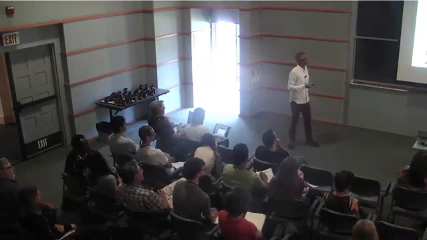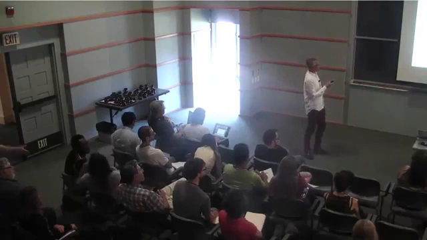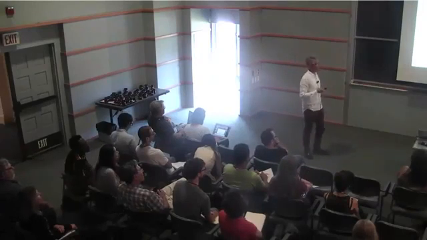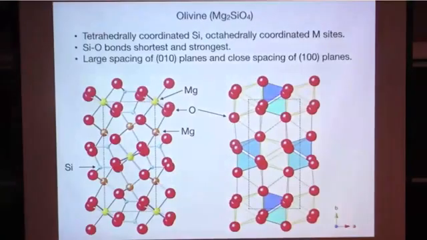Okay. So going back, diffusion is very important in this problem. Going back to an olivine structure, right? This is something that you saw talking about mineralogy. You have this tetrahedrally coordinated silicon, octahedrally coordinated M sites, so iron and magnesium, and then you have these oxygens in here. Right? So in the olivine structure here, you have SiO bonds that are much stronger than MgO bonds.